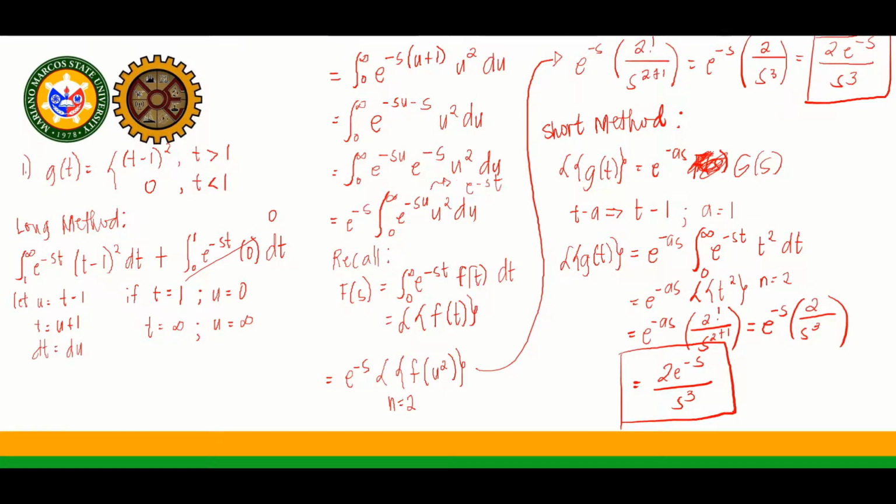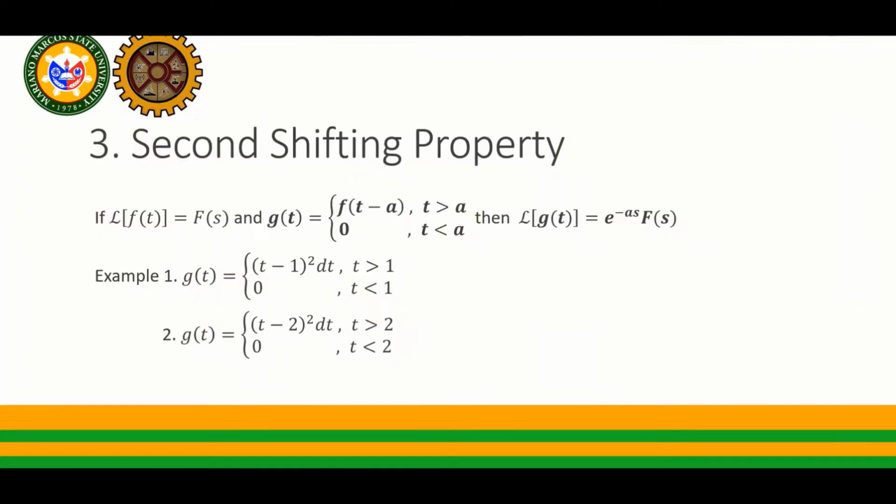You can use the long method if you are diligent, or the short method if you do not like to integrate. Whichever you prefer to use, it is still accepted. So, that is example number 1 for the second shifting property of Laplace transformation.